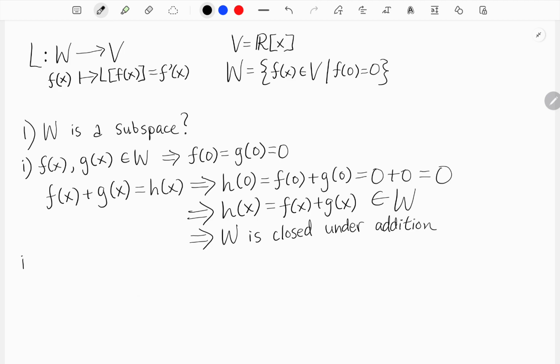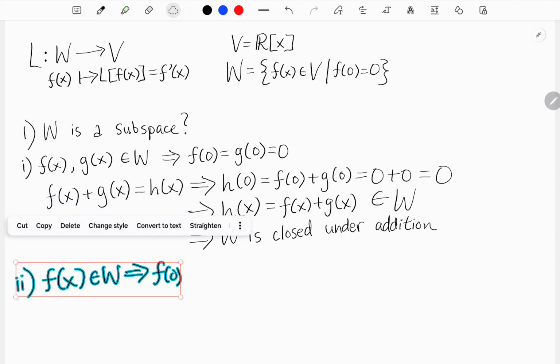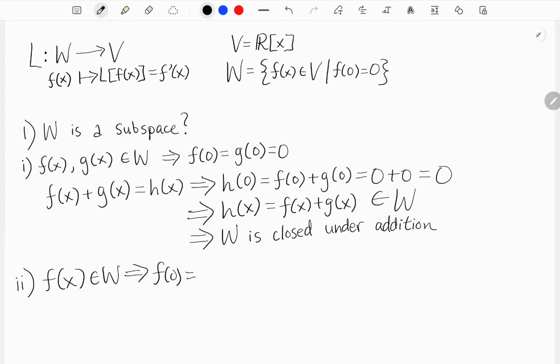So now we shall check for scalar multiplication. Again, f of x is in W, which implies that f of 0 is equal to 0.